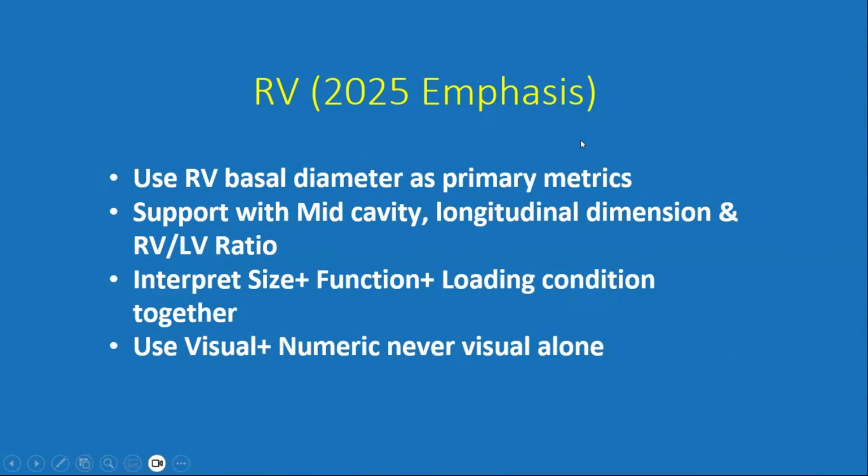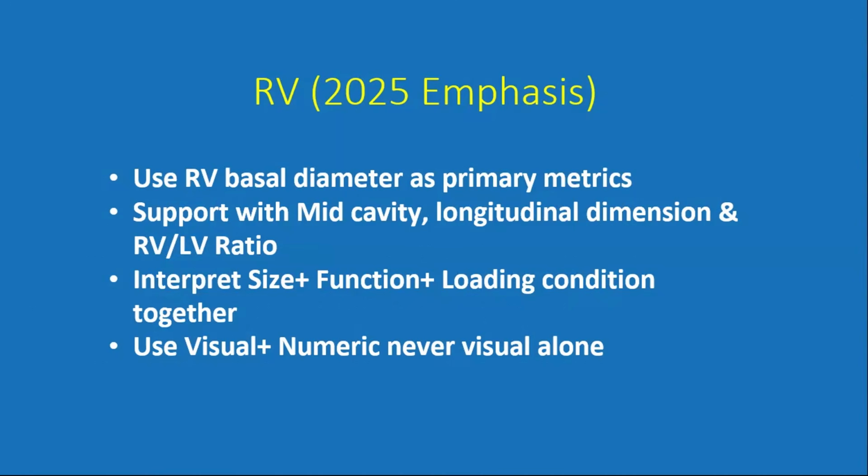So we first use the RV basal diameter as the primary metric. Then the next step is, if the basal diameter is more than 41 millimeters or 4.1 centimeters, normally less than that, I'll show you a table also telling that. So if the RV basal diameter is less than 41, it's normal.